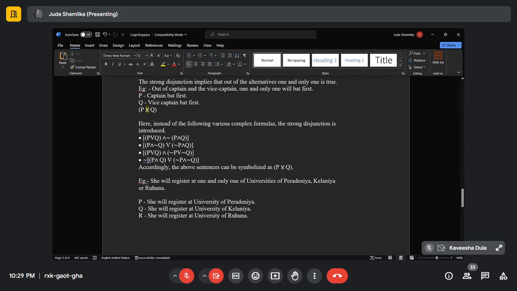Which means one of these two people bats, which can be expressed as either the vice captain or the captain bats first, but those two cannot bat first at the same time, only one of them. So that is why we use this first formula. Likewise, there are other formulas. These formulas we can also derive by making other equivalences. So that is it.